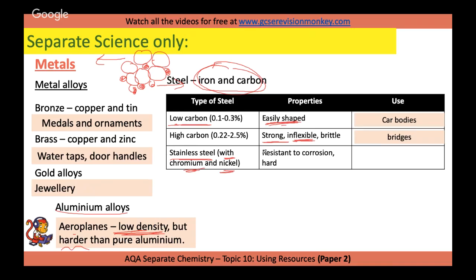With that, you have a metal that is resistant to corrosion and very, very hard. Cutlery is a good example of something made out of stainless steel, because when you put it in the dishwasher, you don't want it to react with anything. And when you're cutting food, you want it to be very hard.